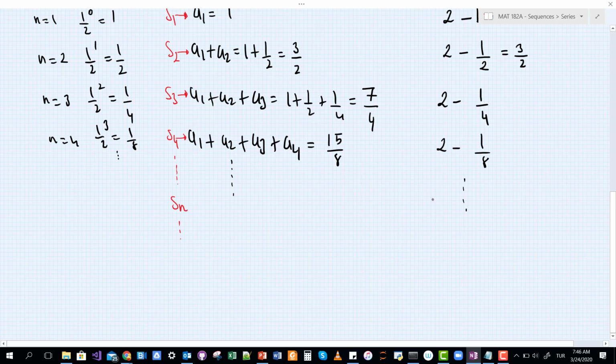Okay, so let me look at the third column. I'm trying to improve a technique for this part. You notice that 2 is a constant here, but the number I subtract from 2 is always a power of 1 over 2. What power is this?